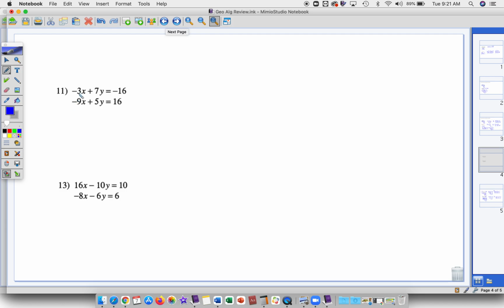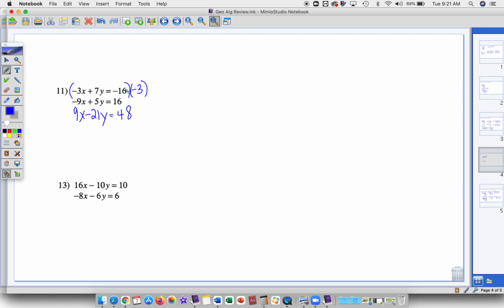So here, when I look at this, I see the minus 3x and the minus 9x. If I take the first equation and multiply by negative 3, that will give me a positive 9x minus 21y and positive 48.